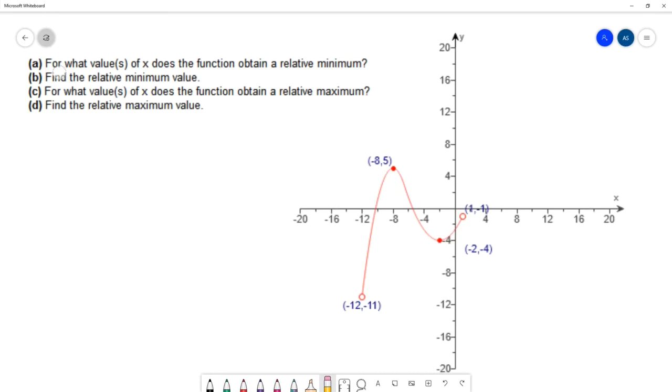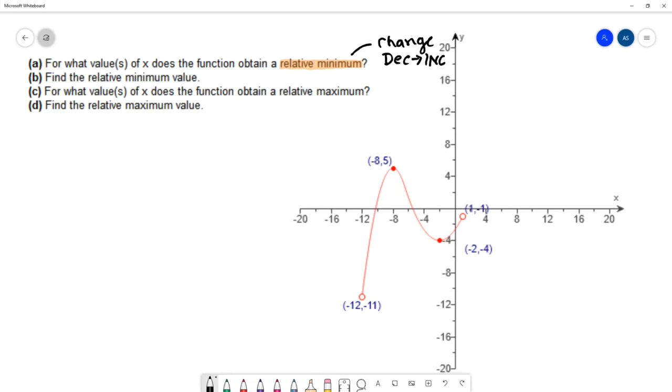For this question, we want to know for what values of x does the function obtain a relative minimum. Find the relative minimum value. For what value or values of x does the function obtain a relative maximum? And we want to find that relative maximum value. So in our book, a relative minimum is defined as a change from decreasing to increasing.